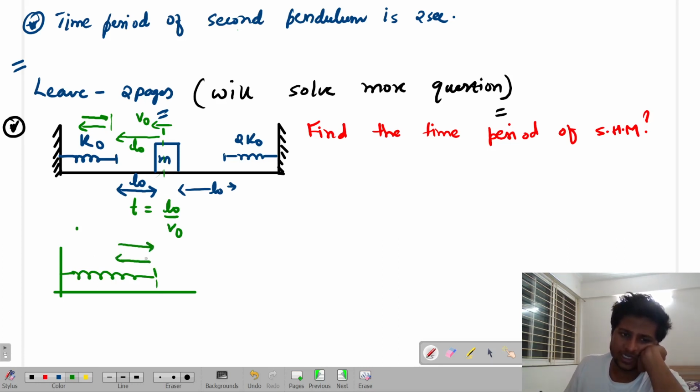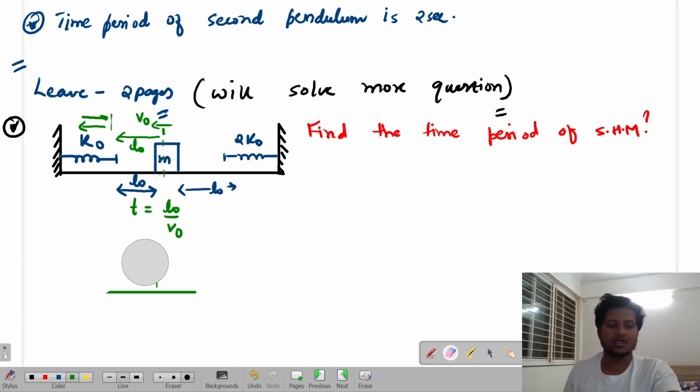This returns back. Then it will leave the contact or not? The block leaves the spring. Is it going to expand? No. So mean to extreme, extreme to mean. But what about the other half? Not possible. So it's just doing half of the actual oscillation, right or not?